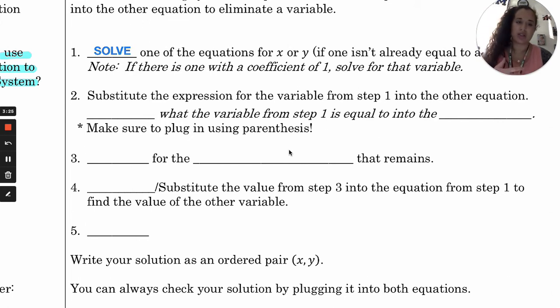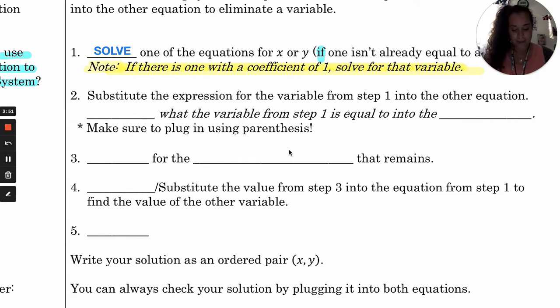So we're only going to solve it if it doesn't already say x equals or y equals. Special note: if there is one with a coefficient of 1, solve for that variable. That will make it significantly easier for you.